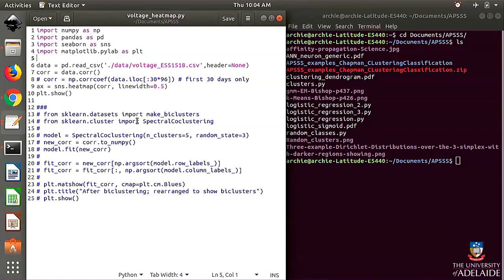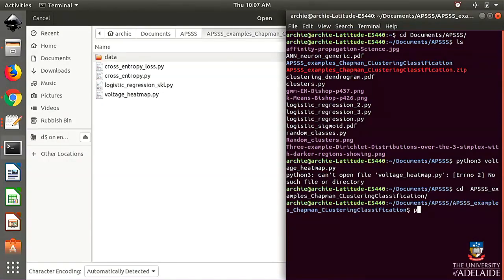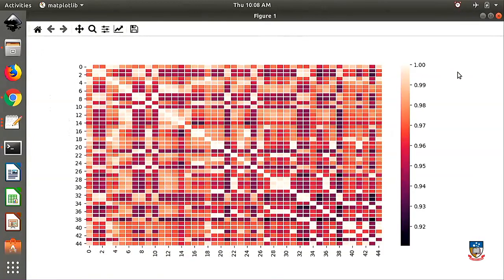Anyone having any trouble accessing the data or anything like that? Things are running? Yeah? Not yet? Okay. Does anyone need any help? Okay, so we should have seen something like this up here.